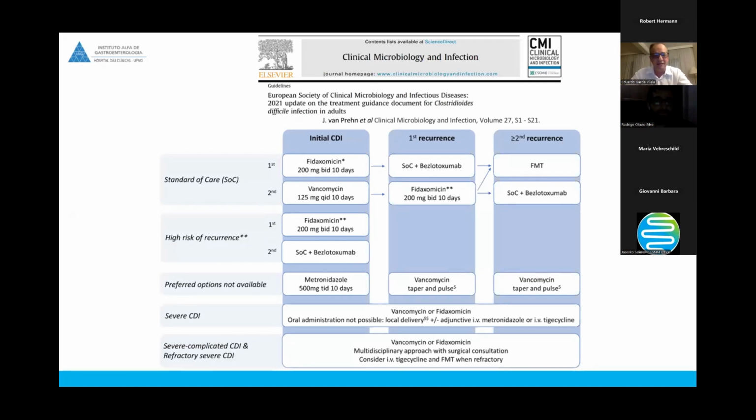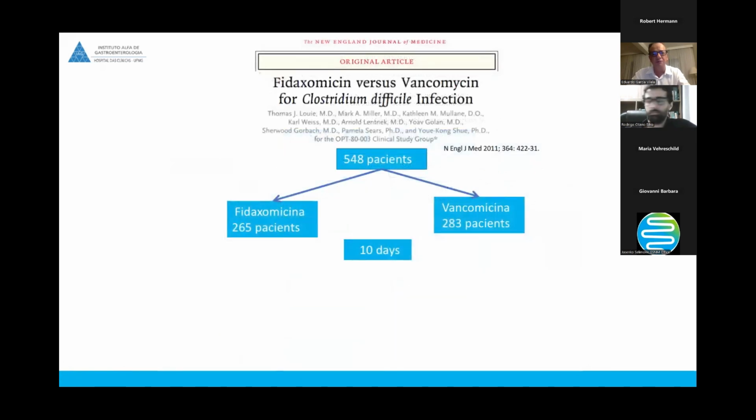We extend the use of metronidazole if there is no intolerance in the patient. We are going to discuss this a little more in the following slides, as I will show.